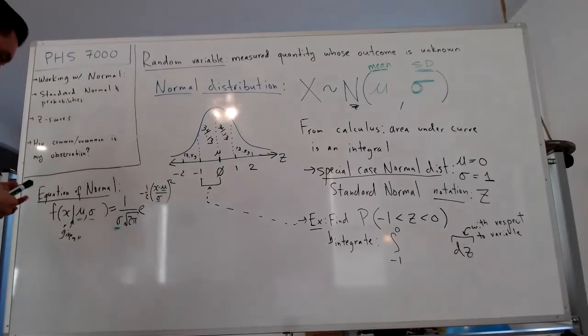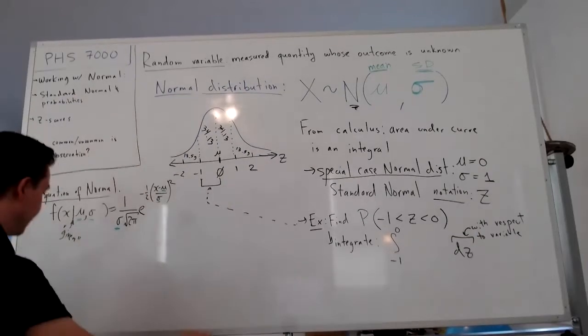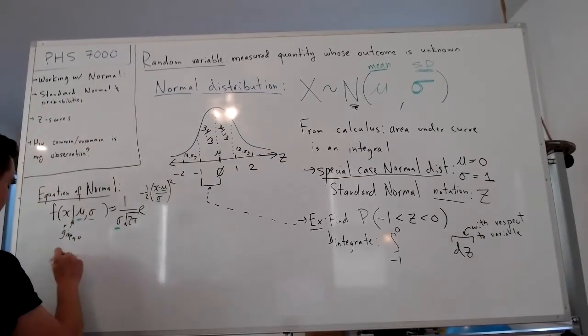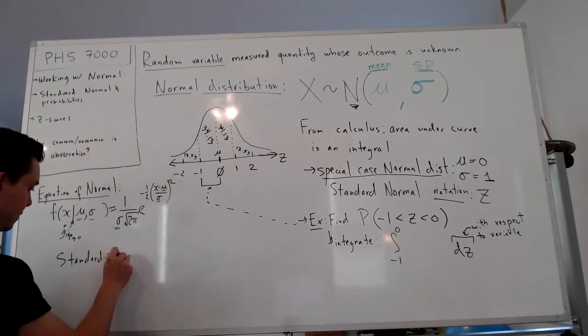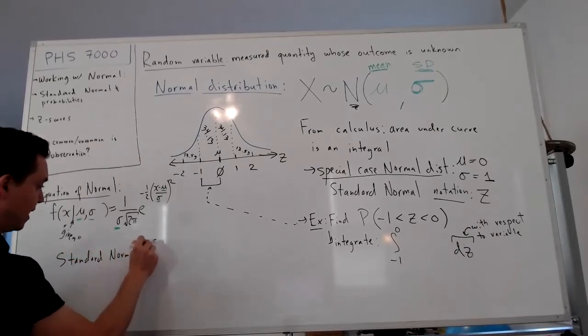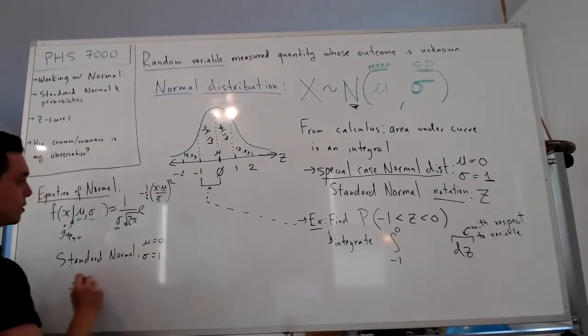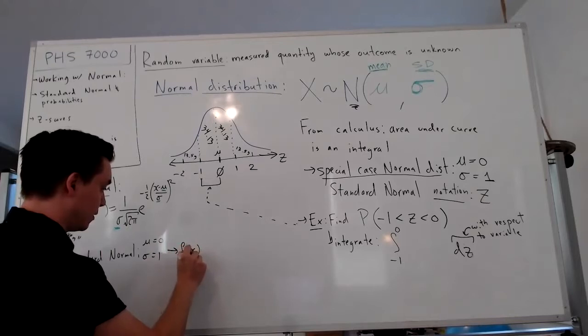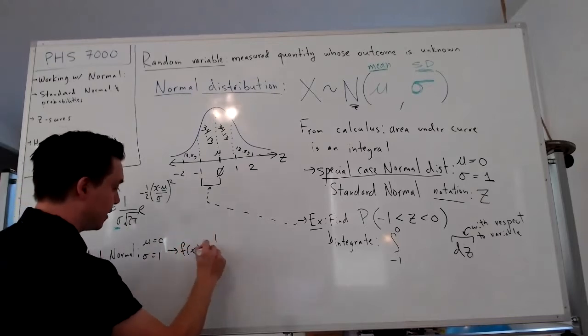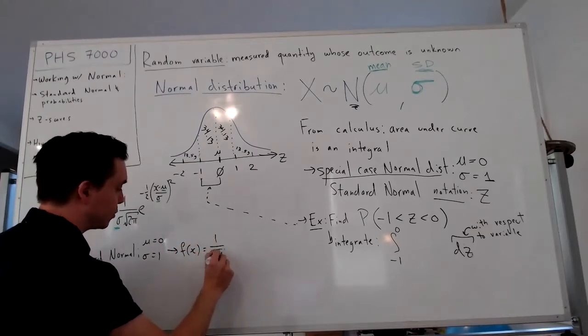So for the standard normal, the mean is 0 and the standard deviation is 1. So this curve becomes a little bit more manageable.